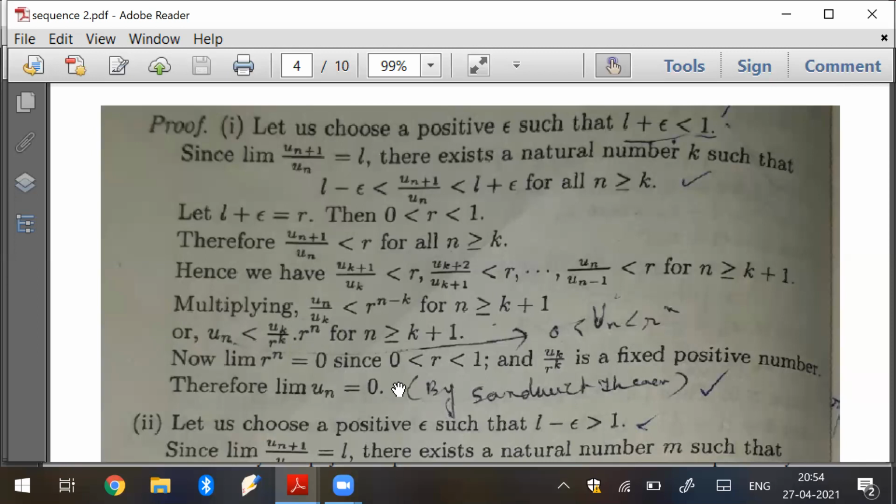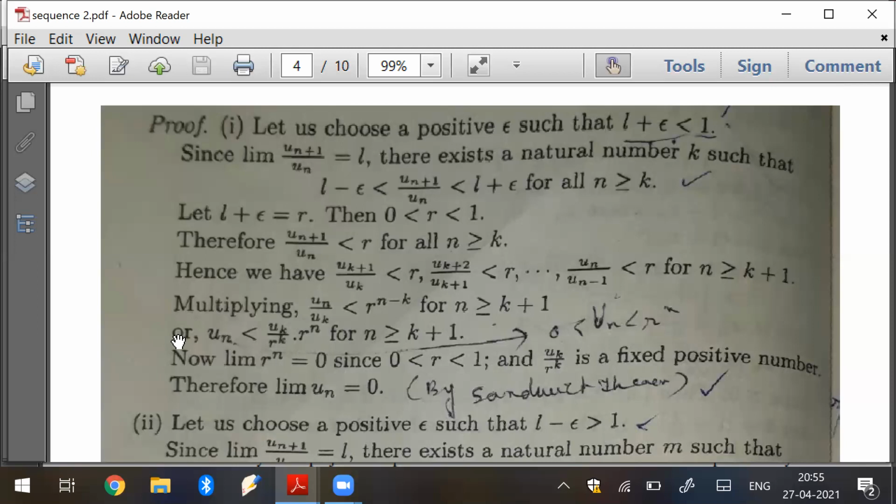If three sequences xn, yn, zn are given such that yn lies between xn and zn once n is greater than some natural number, so xn less than yn less than zn is the relation, and if xn and zn go towards the limit l, then obviously the middle sequence yn should also go towards it. Just the same thing is happening here. un is remaining sandwiched with 0. Here it is not shown, but actually it is greater than 0, because it is a positive sequence.